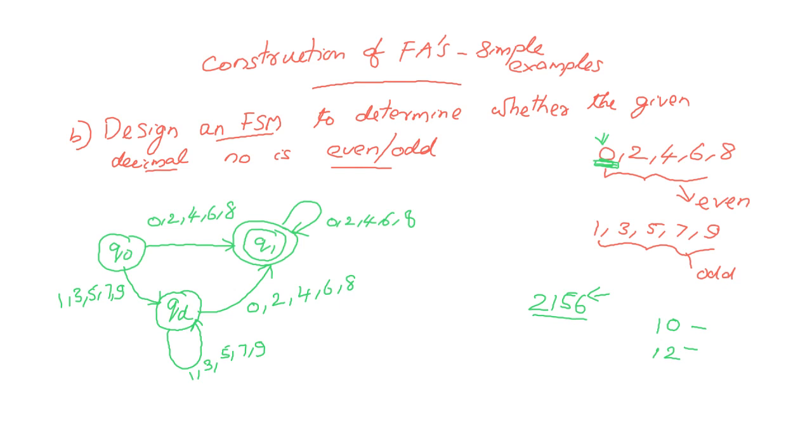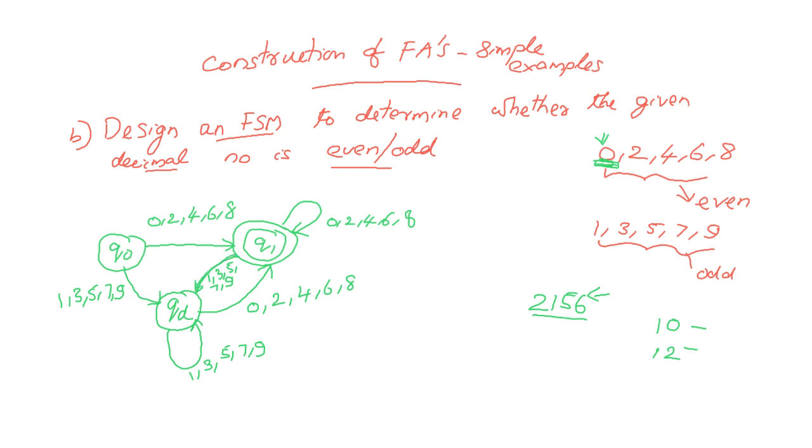We are saying that there can be a transition from Q1 to here if you are getting an odd number. That means 1, 3, 5, 7, and 9. So if you're getting a 1, 3, 5, 7, or 9, you can make a transition from Q1 to this dead state QD.